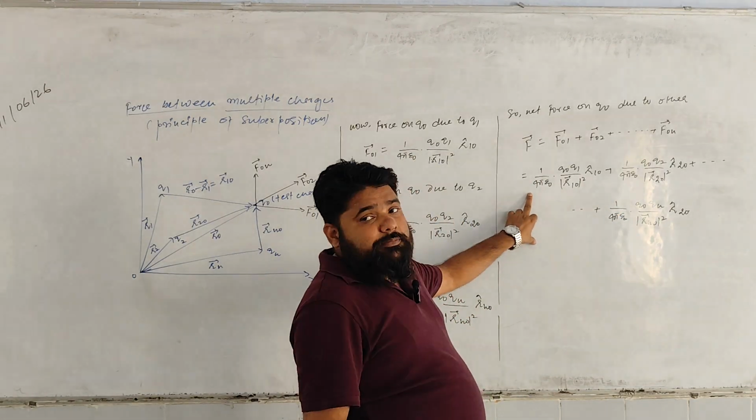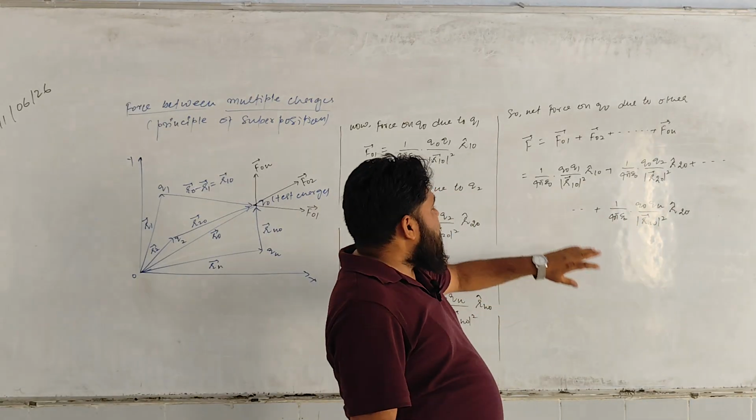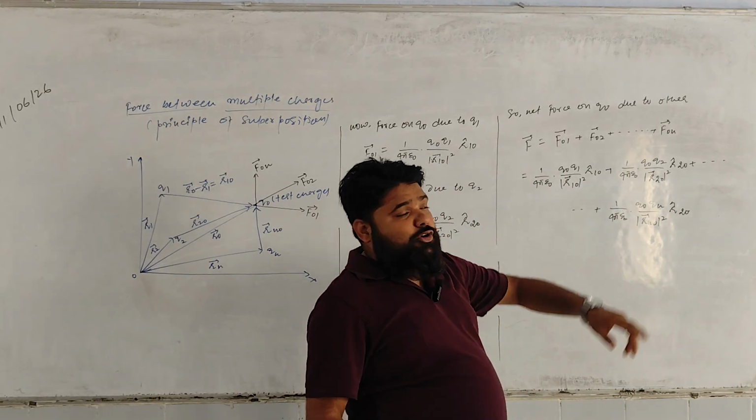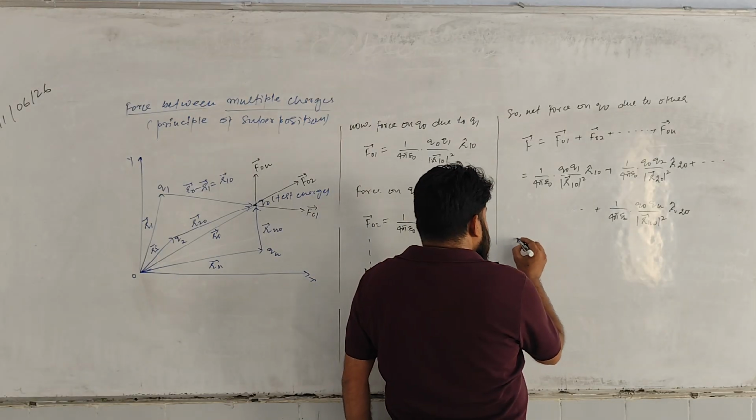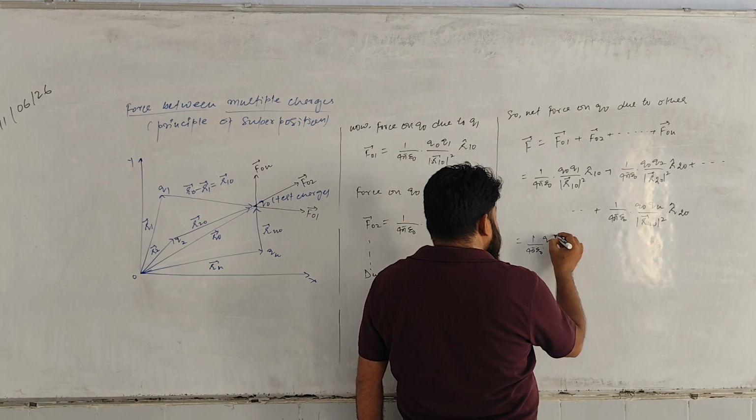The common is 1 upon 4 pi epsilon naught. It is involved in every term. And the same, there is a q naught which is also common. So take 1 over 4 pi epsilon naught and q naught as common.